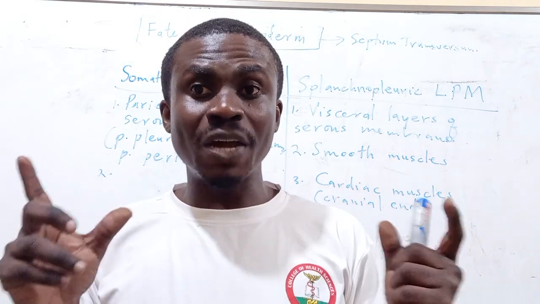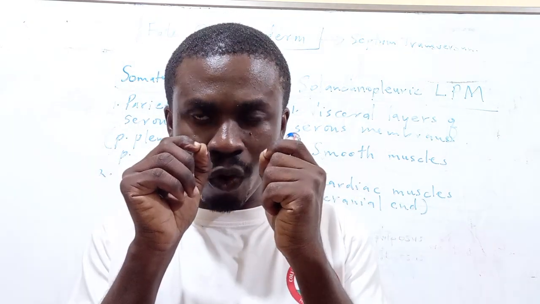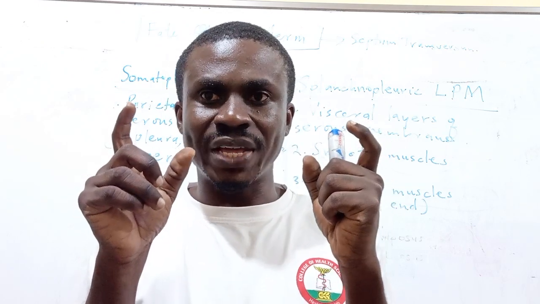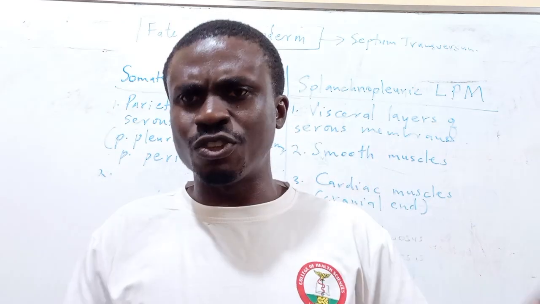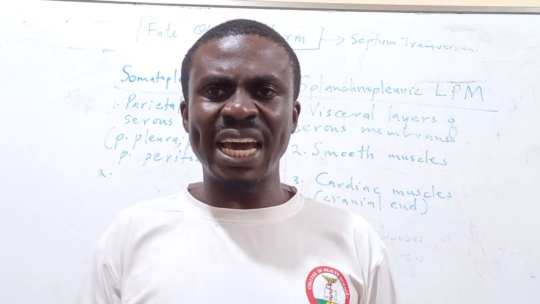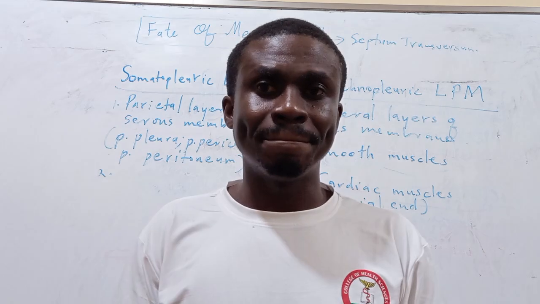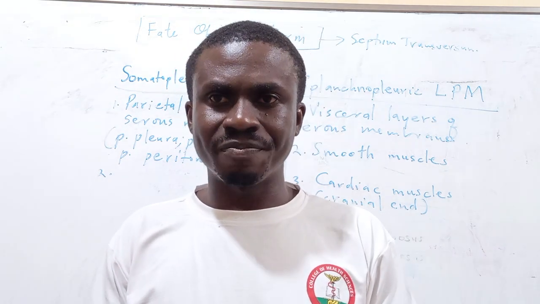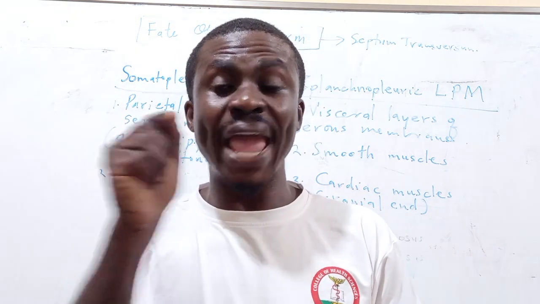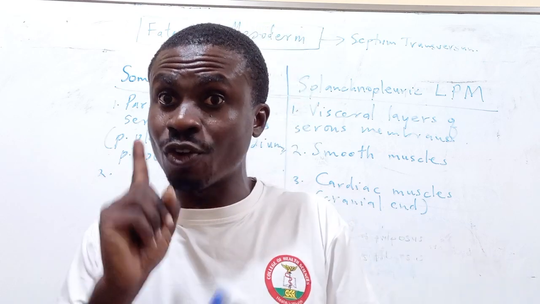And there is also the dilator pupillae, which causes dilatation in situations where there is low light intensity. These two muscles, my friends, will be coming from neuroectoderm. They will be ectodermal in origin.